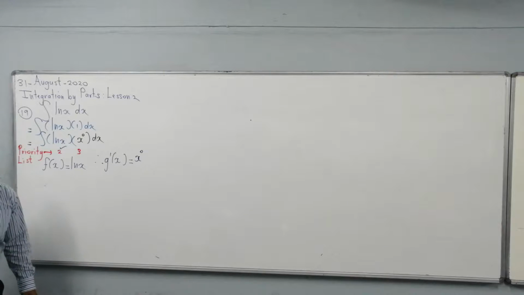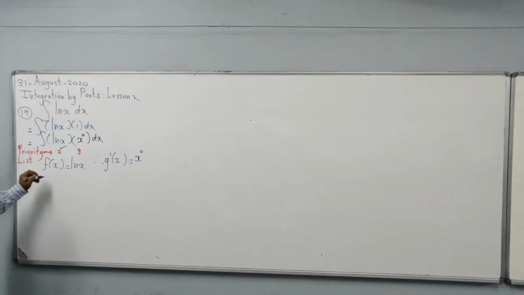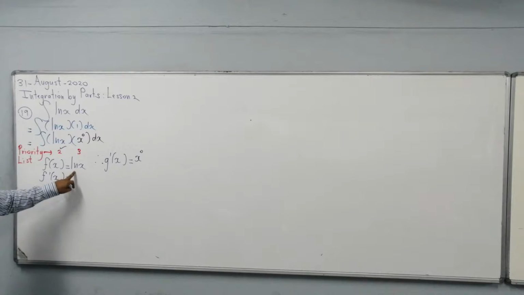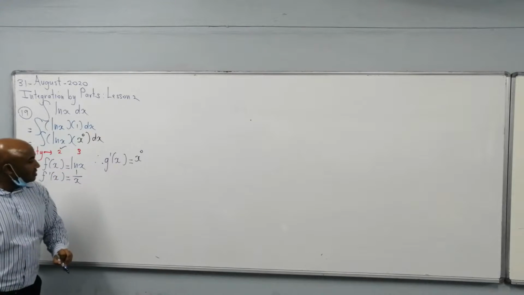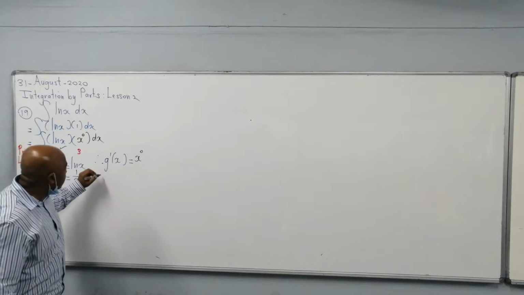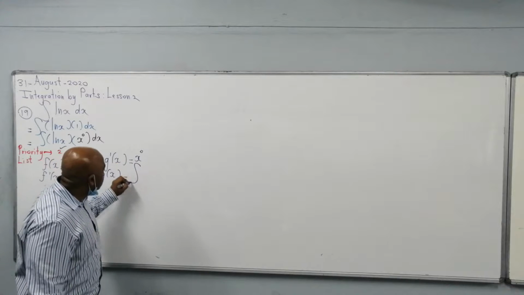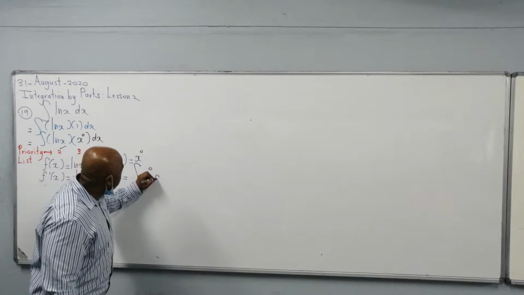Now I need to differentiate this side, integrate this side, because I want to find f prime x, which means the derivative of ln x, which is 1 over x. And g prime x is equal to x to the power 0. So I want g of x. That means I need to integrate x to the power 0.